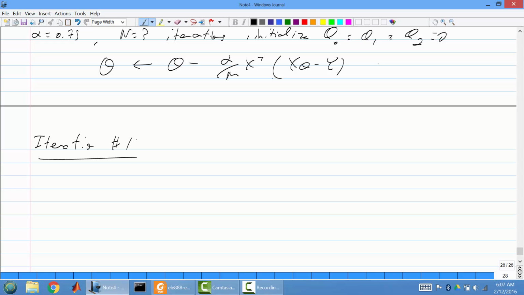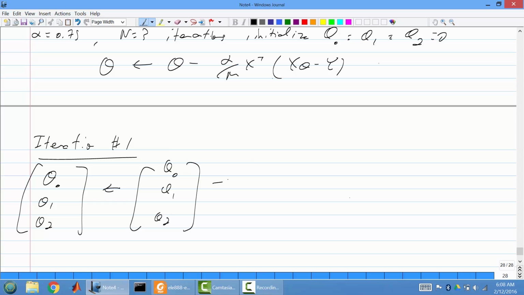This should be instinctual by now, but let's go through the motions. We update this with the previous iteration, which is just all zeros. Subtract, and then we had 0.75. So this is all zeros.